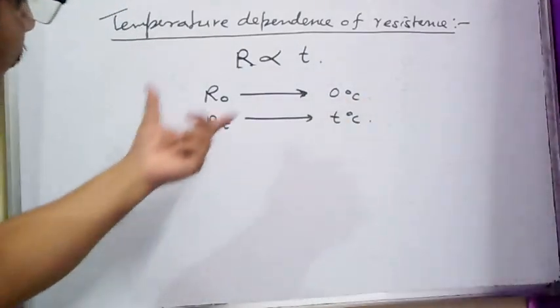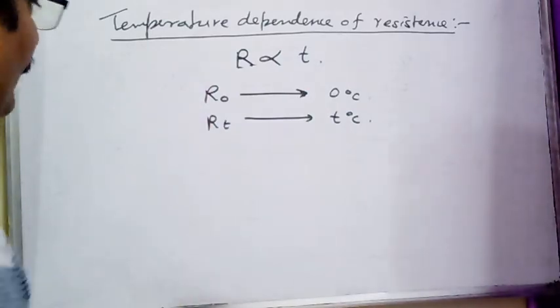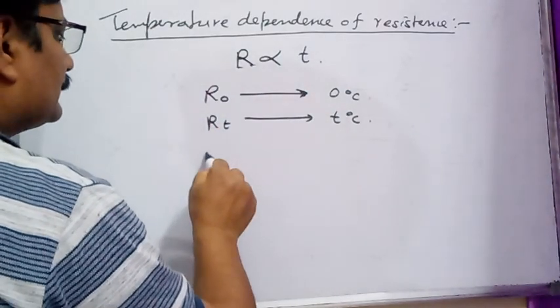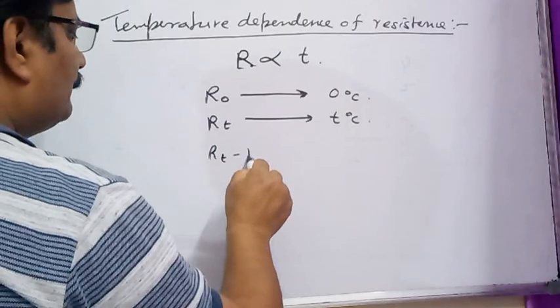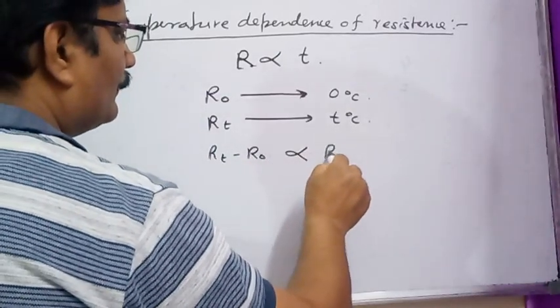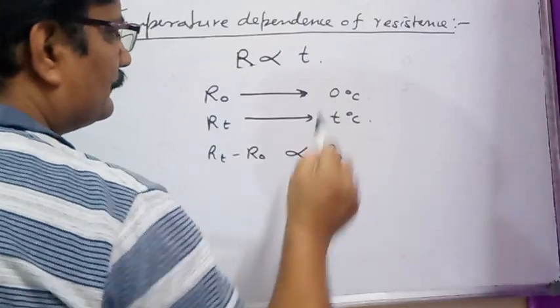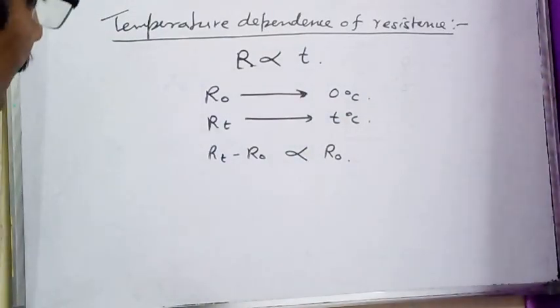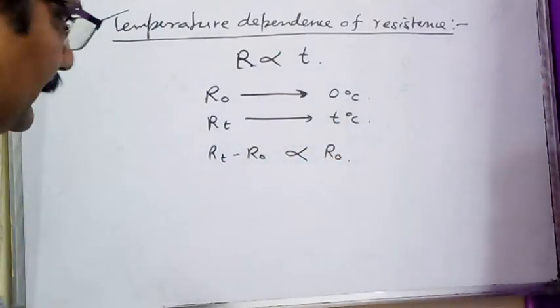So increase in the resistance. What is increase in the resistance? RT minus R0 is directly proportional to original resistance of the conductor, meaning resistance of the conductor at 0 degrees Celsius.